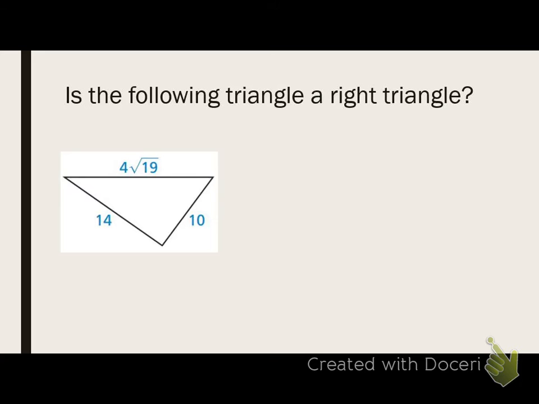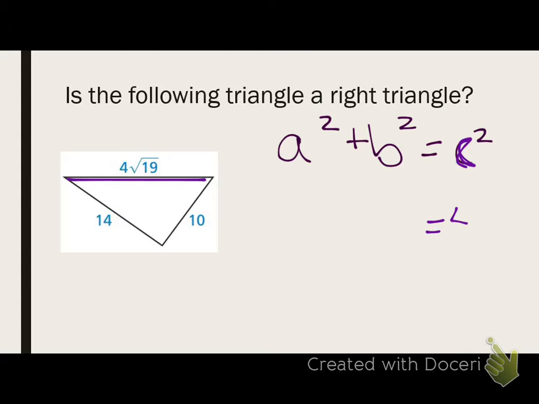So how do I decide if it is a right triangle? Pythagorean theorem. Yeah. We need to see if a squared plus b squared equals c squared. So again, c would be the longest side. Which of these is the longest side? 4 square root of 19. And that means a and b are 14 and 10.